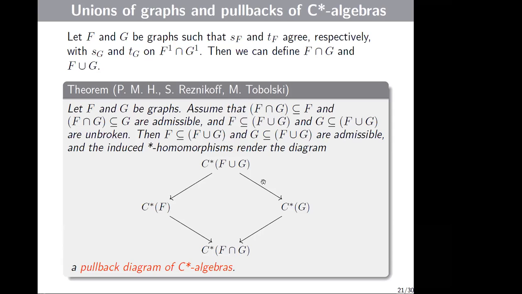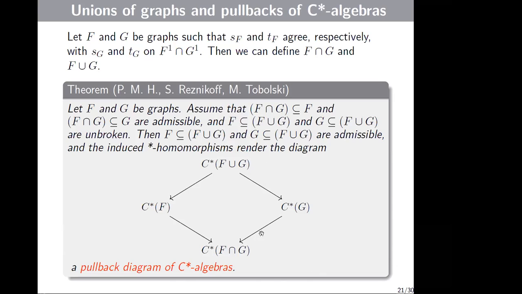I have to explain to you what a pullback diagram is. We'll have more about it in a week. And now, the whole point of the theorem is to prove that it's really a pullback diagram, that is, that I really have an isomorphism between this C-star algebra, which is given in a concrete, explicit way, and the pullback C-star algebra for these maps.